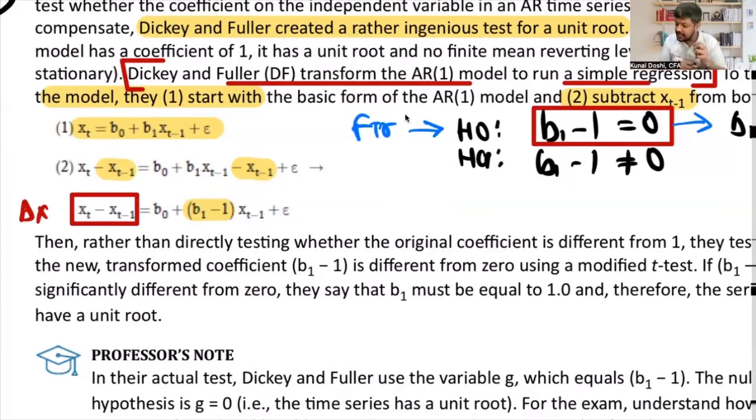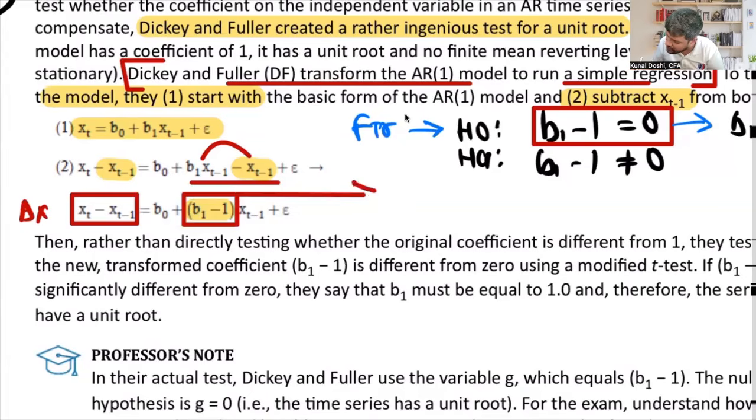What is the change in x? It is equal to, they just rearranged this equation where they took xt minus 1 out, and then the model had b1 minus 1. This is what we tested in the model. From b1 equals 1, we are now moving to whether b1 minus 1 is equal to 0 or not. This now satisfies a proper equation, a statistical property, and this is what we can test, right?